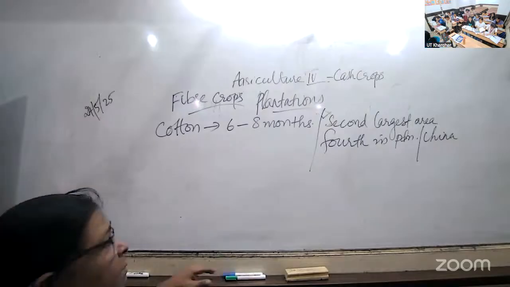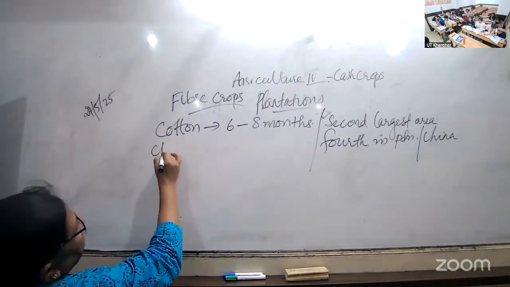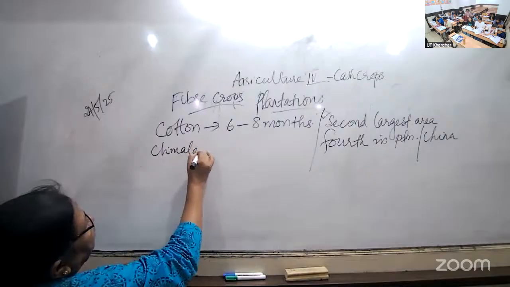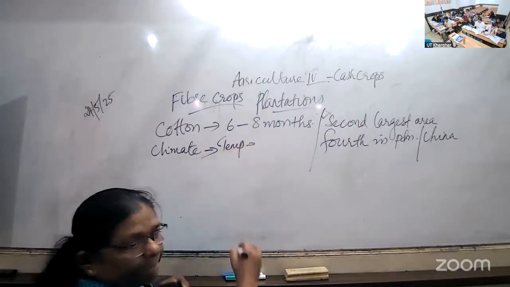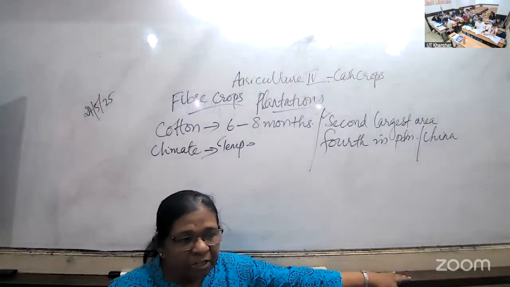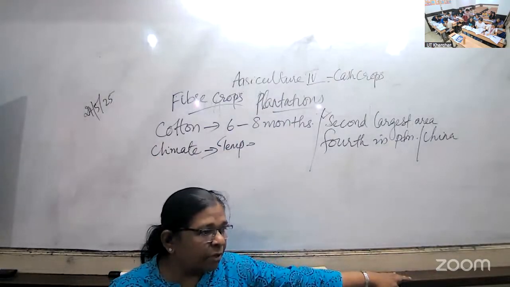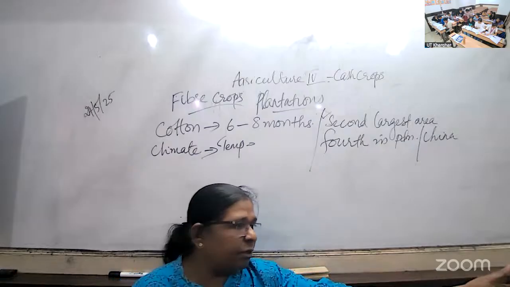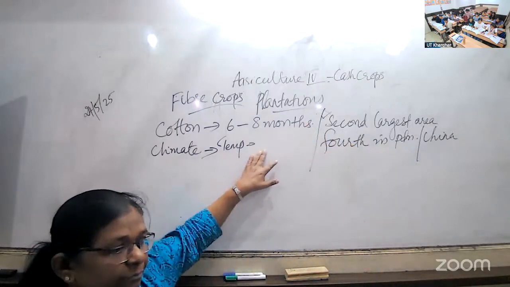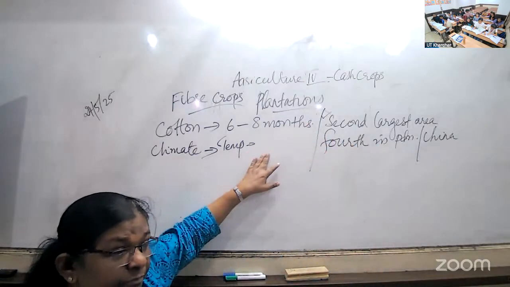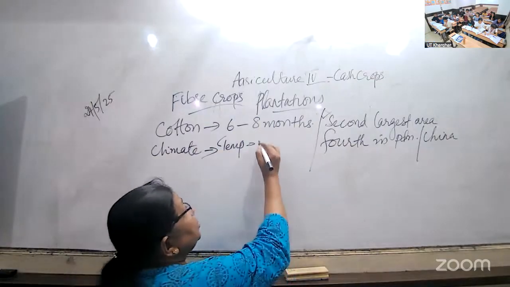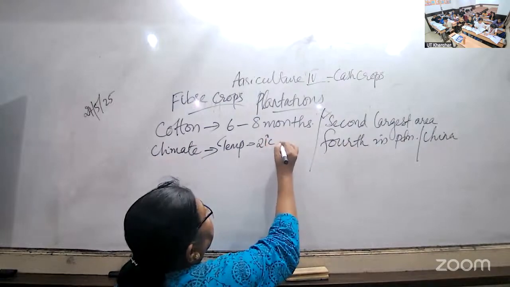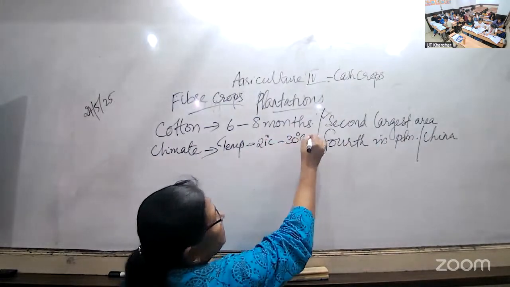Now, what are the climatic conditions? Who is going to read out the climate? What is the temperature requirement for the growth of cotton? 21 to 30 degrees Celsius.